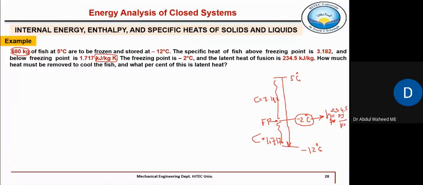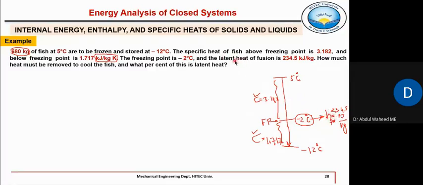Because during the phase change process, temperature will be constant, that's why you do not see here per Kelvin, per degree change in Kelvin, which is the definition of specific heat. So we cannot use this specific heat during the phase change process. During the phase change process, it is the heat which is taken out from this fish. That heat is actually the latent heat.